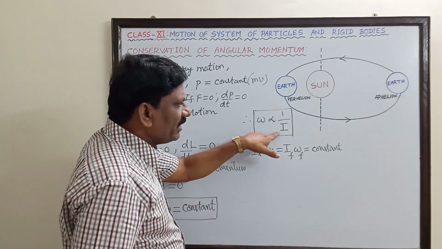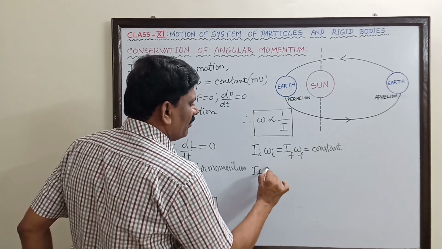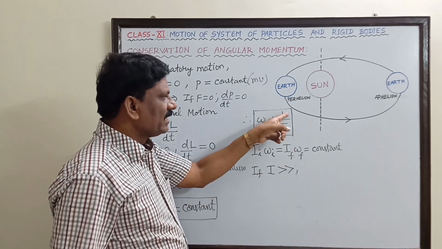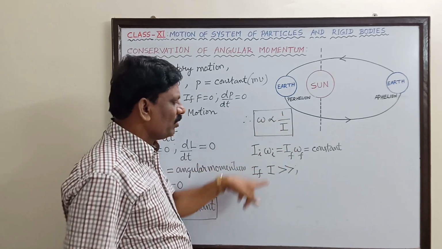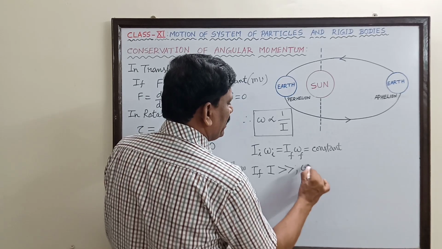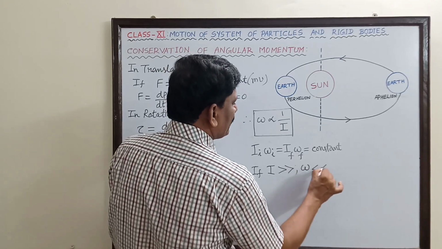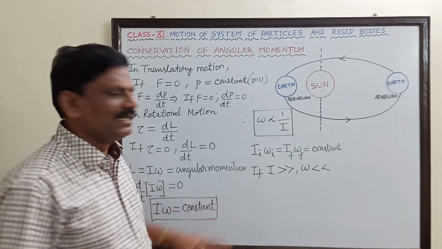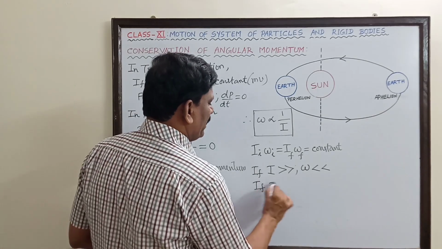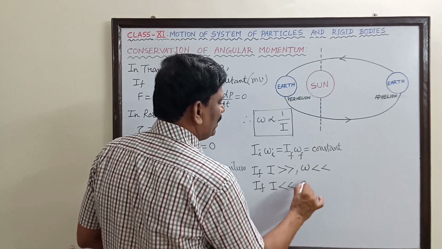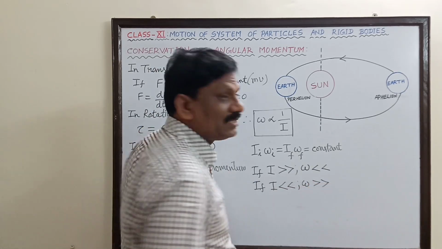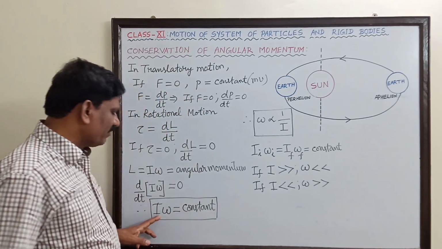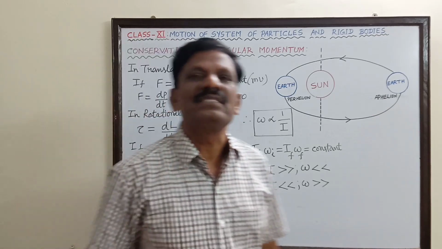If the moment of inertia increases, then omega, being proportional to the reciprocal of moment of inertia, decreases. The speed of rotation will decrease. If the moment of inertia decreases, then the angular speed of rotation will increase, such that this product of I into omega is always a constant.